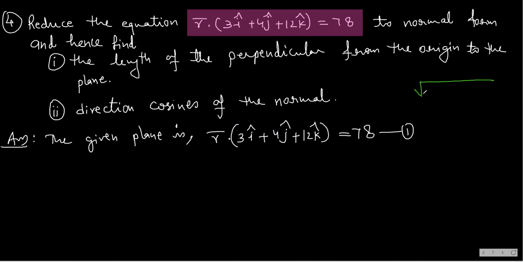I will divide throughout by the square root of 3 square plus 4 square plus 12 square, that is the square root of 9 plus 16 plus 144, which is 169. The square root of 169 is 13.